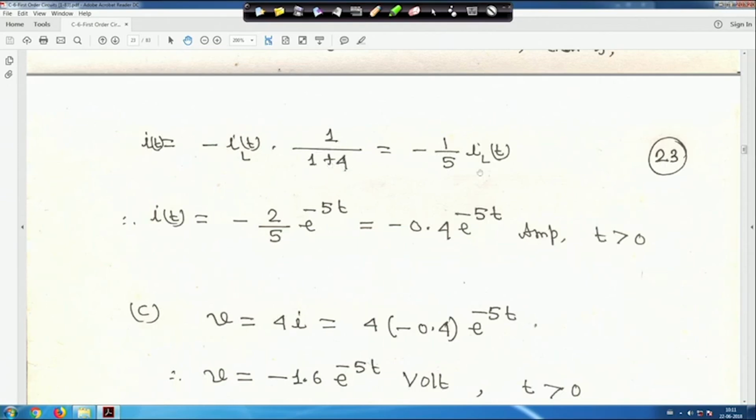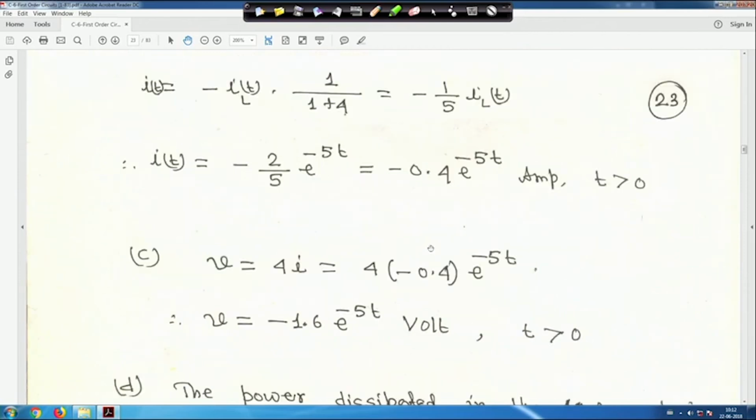Because of the direction, it is minus. So IT is equal to minus 2 by 5 e to the power minus 5 t, because ILT is equal to 2 e to the power minus 5 t, which is minus 0.4 e to the power minus 5 t ampere for t greater than 0, right.